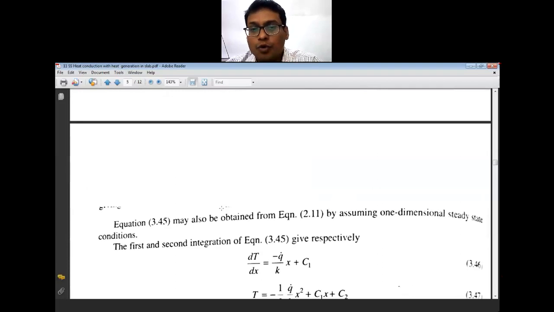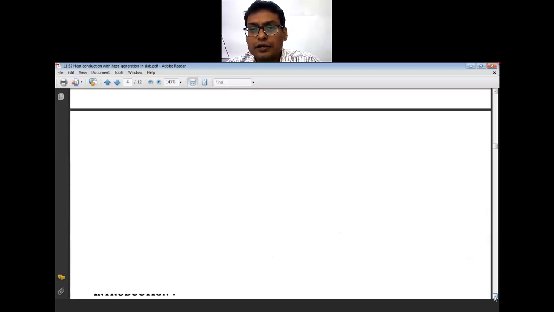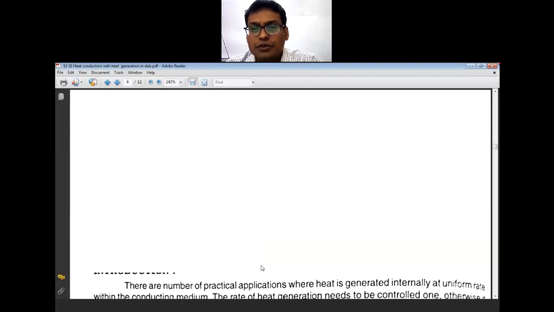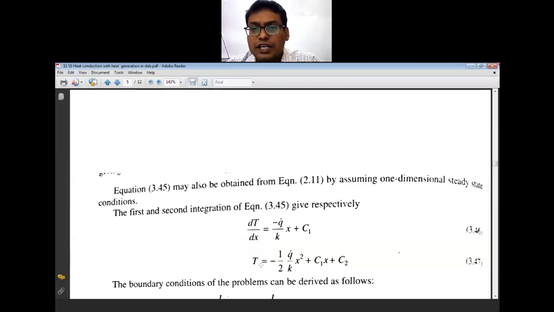So for that I am going to integrate this equation twice: d2T upon dx square plus q dot upon k equal to 0. So what will its integration be? That is dT upon dx equal to minus q dot upon k times x plus c1.